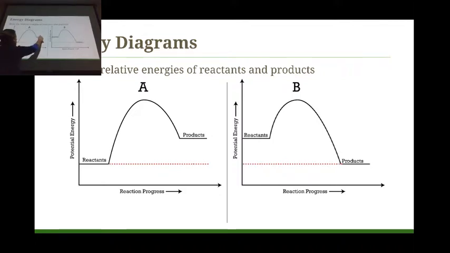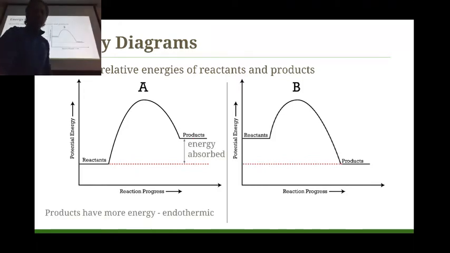Note the energy of my products. My products have more energy than my reactants, which means that this is endothermic. Because my products have more energy than my reactants, energy is absorbed. This is endothermic.